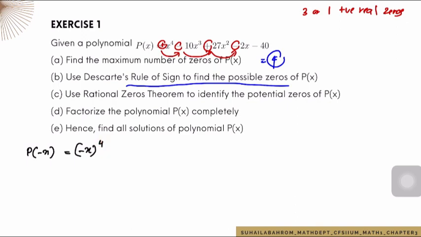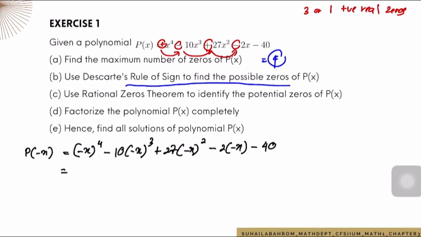Then minus 10 times negative x cubed, plus 27 times negative x squared, minus 2 times negative x, minus 40. When you expand, you will get positive x to the power 4, plus 10x cubed, minus 27x squared, plus 2x, and then minus 40.